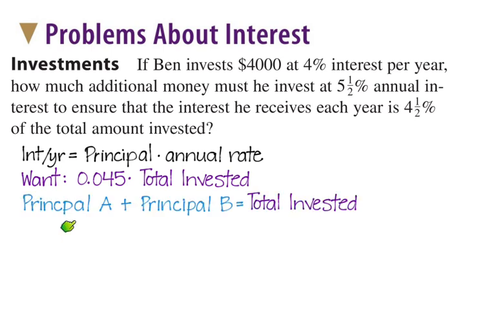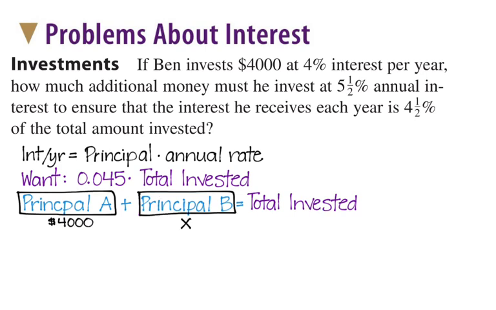So we're saying we have our principal A and our principal B, the amount we put into the first account plus the amount we put into the second account is going to give us the total amount that Ben invested, okay? And that's 4,000, and that's x, so this is going to be 4,000 plus x, okay?